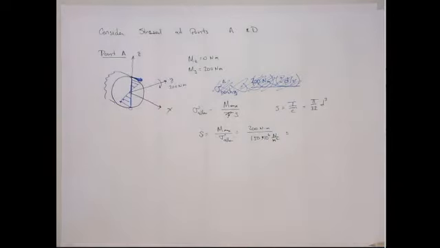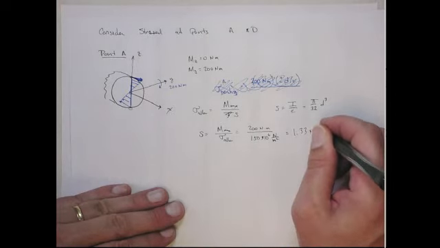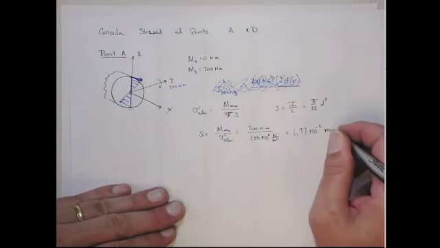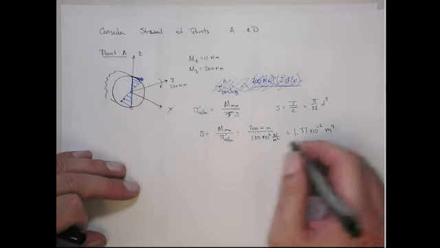And that's going to give me an S equal to 1.33 times 10 to the minus 6th meters cubed, right? So if we were just considering point A, to support the bending moments at point A, the diameter would have to be such that S equals this.